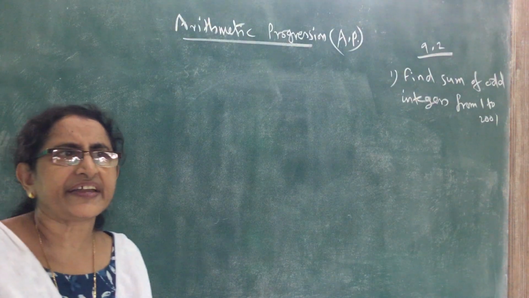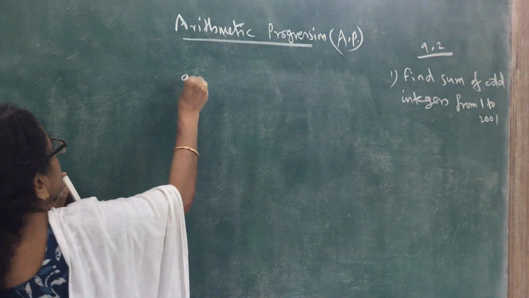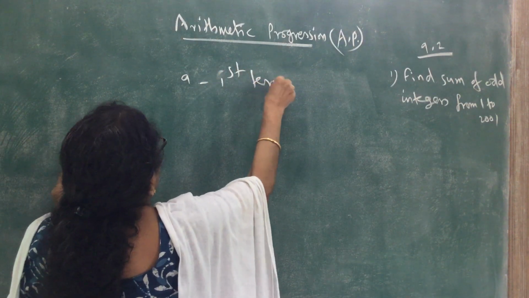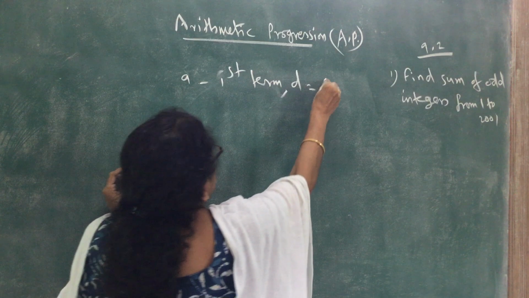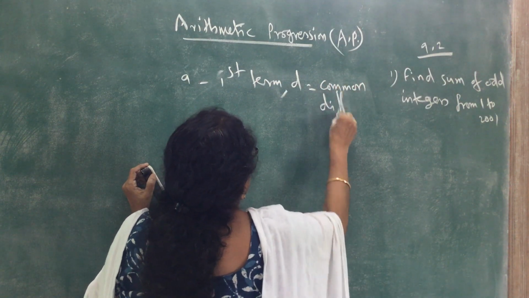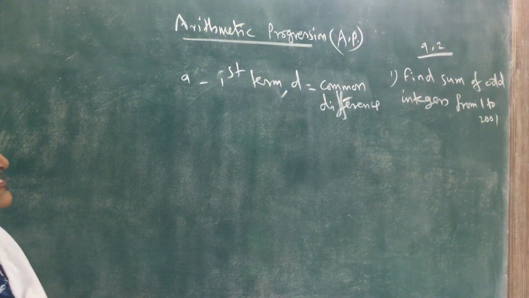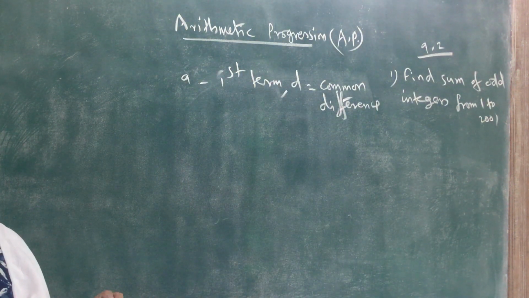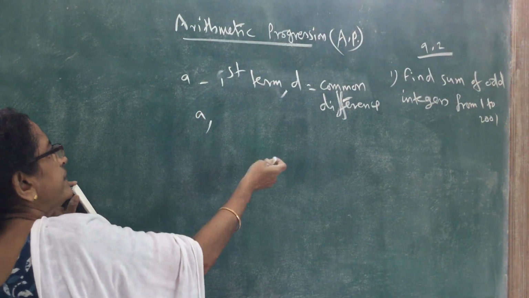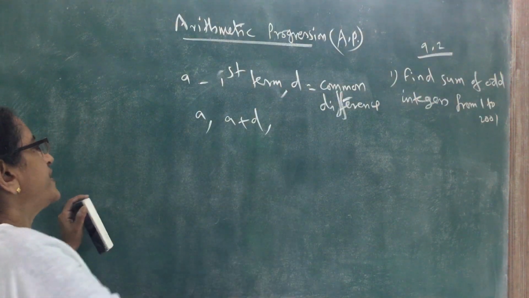Now, you have studied in 10th standard, if a is the first term and d is the common difference, then the terms of the AP are: first term a, second term a plus d, first term plus common difference.